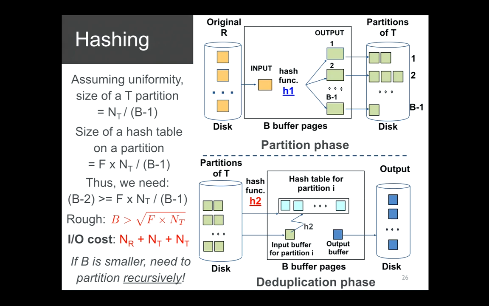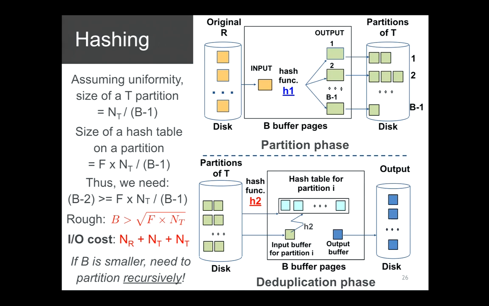Now you apply a second hash function H1 prime, which is different from this one, to T1, and split it into T11, T12 to T1(B minus 1). And then you split T2 into T21, T22 to T2(B minus 1). And so you end up getting, essentially, (B minus 1) squared partitions of T.